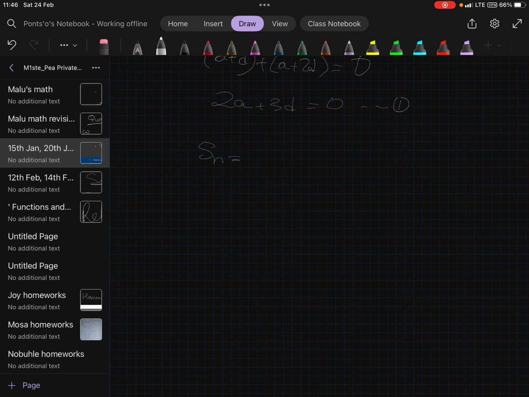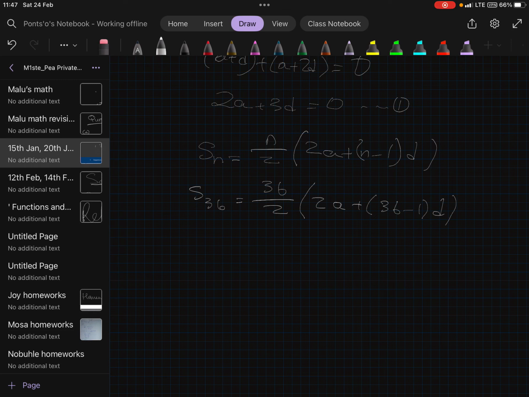So we know that the sum to the nth term is n over 2 into 2a plus n minus 1 times the common difference. The sum to the 36th term must equal, when we substitute, 36 over 2 into 2 times a plus 36 minus 1 times the common difference.